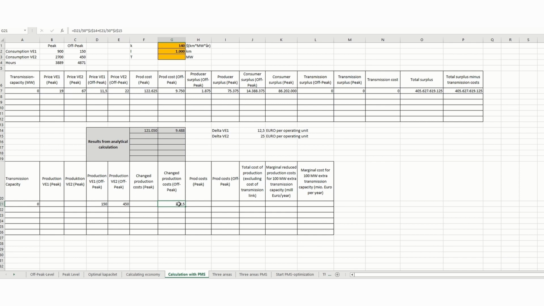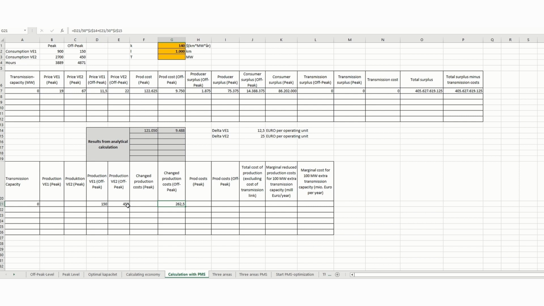The way we do that is that we take these values we have calculated here and say that this here is the production capacity in VE1. We divide that capacity with 50 because then we get the number of running units in VE1, and we multiply the number of running units in VE1 with this correction factor, and then we add the same for VE2.